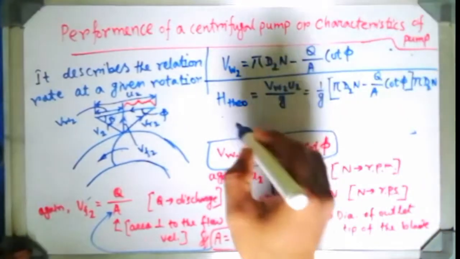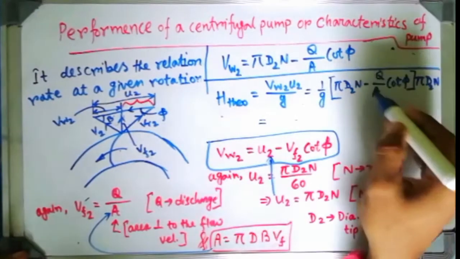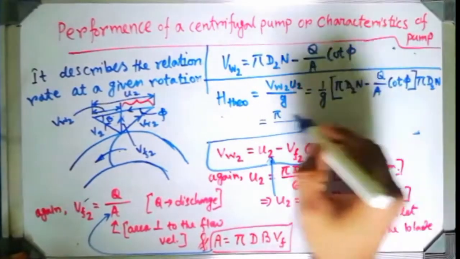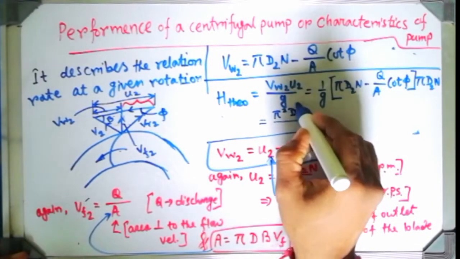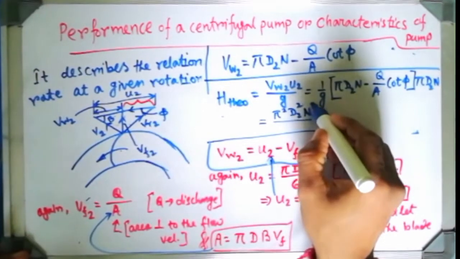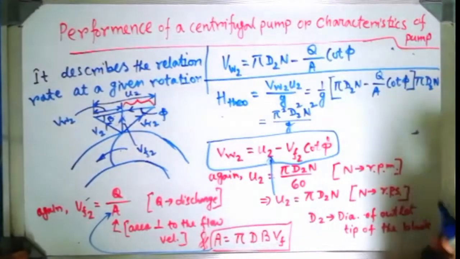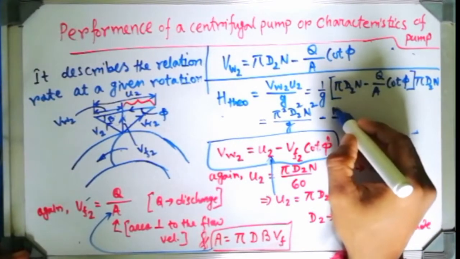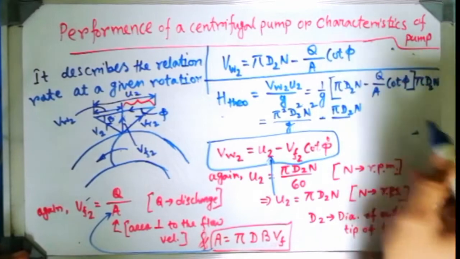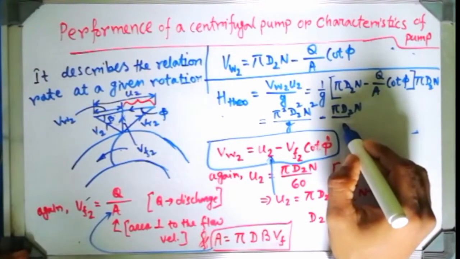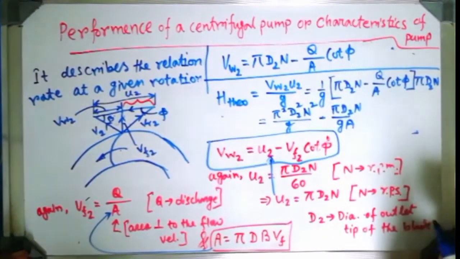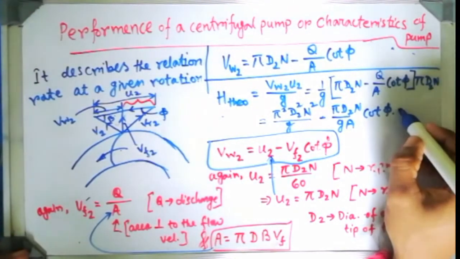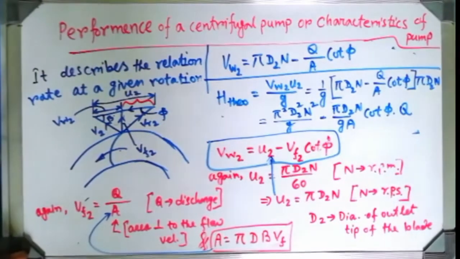Now if you multiply it, what I am getting, if I insert this pi d2n inside, then I will get pi square d2 square n square by g minus pi d2n by ga cot of phi into q, isn't it?